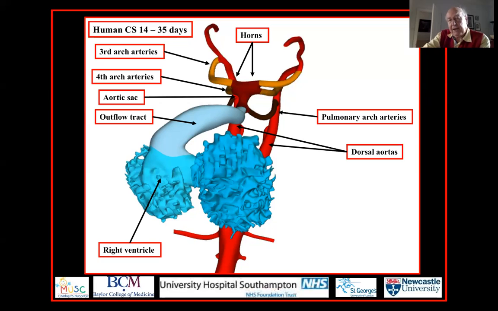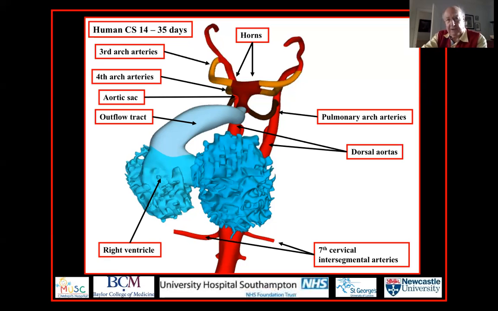So on each side, the arch arteries give rise to the dorsal aortas. The dorsal aortas come together in the midline. But just above their point of union dorsally, they give rise also to these very important arteries, the seventh cervical intersegmental arteries. And I'm going to be tracking what happens to these seventh cervical arteries.